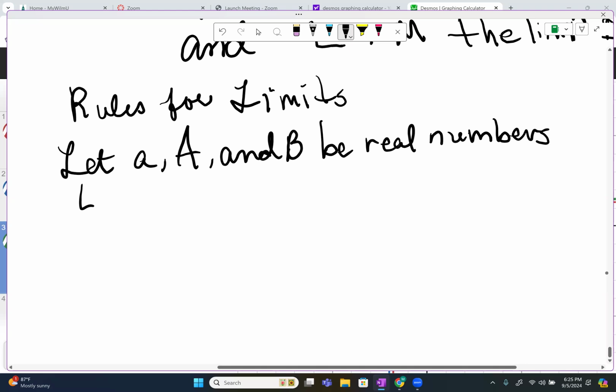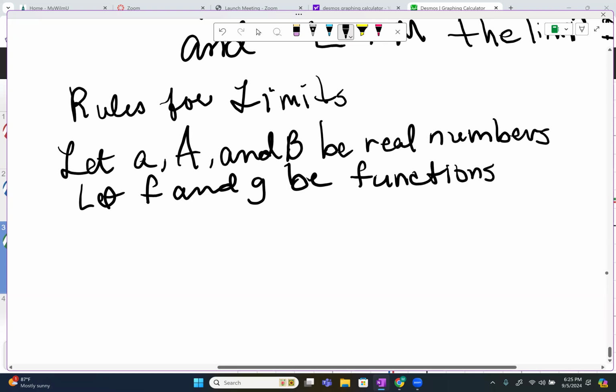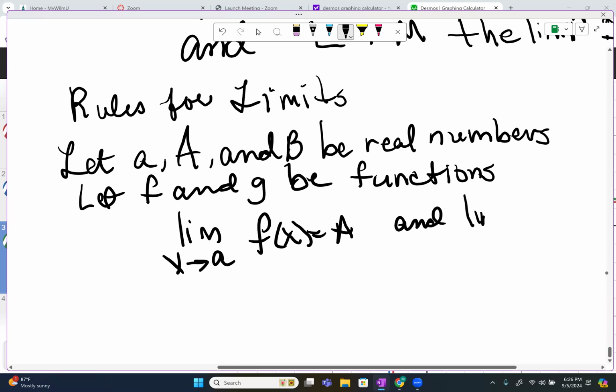And let f and g be functions, such that the limit of x approaching a for f of x is equal to A, and the limit of x approaches a for g of x is equal to B. Okay, so let's start with that.